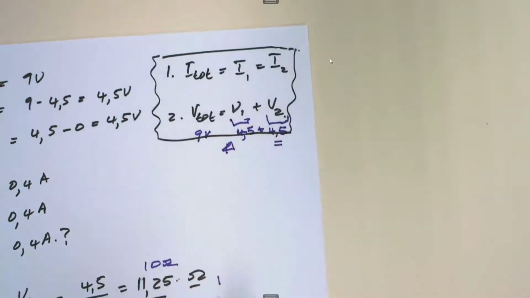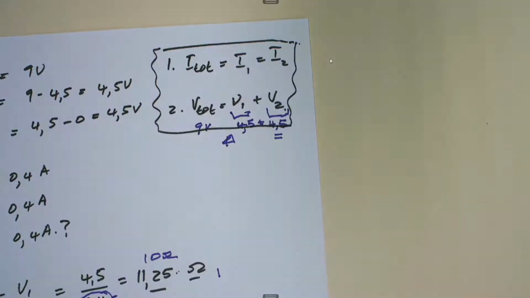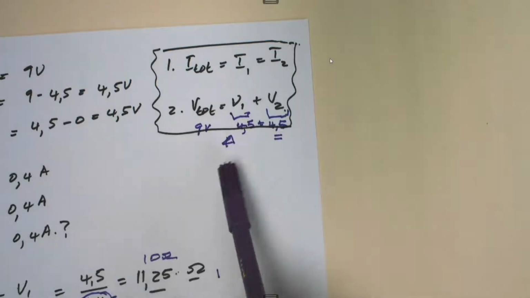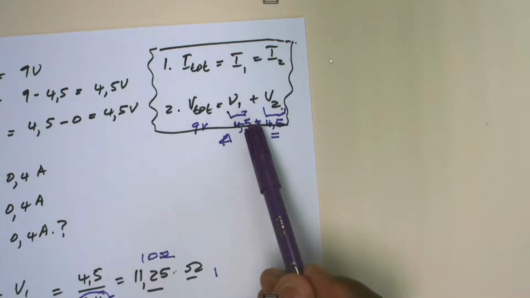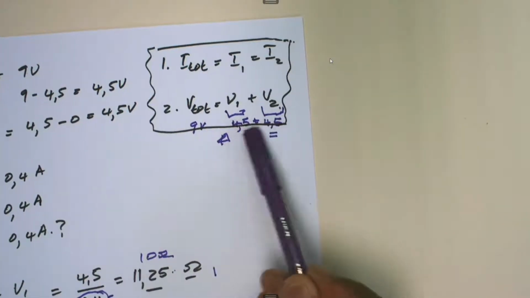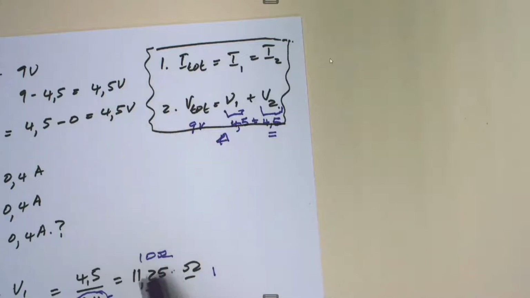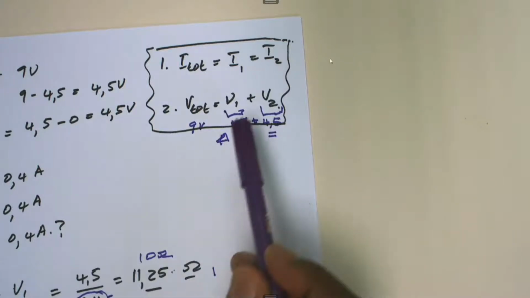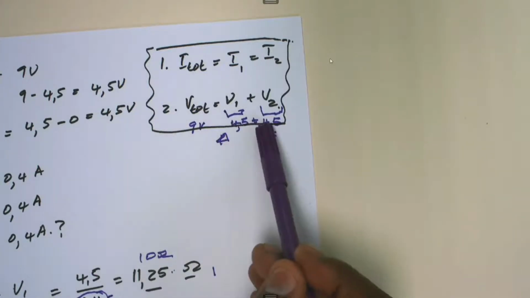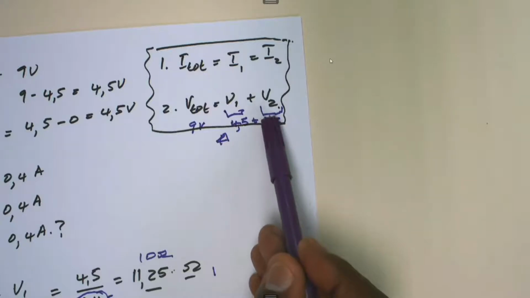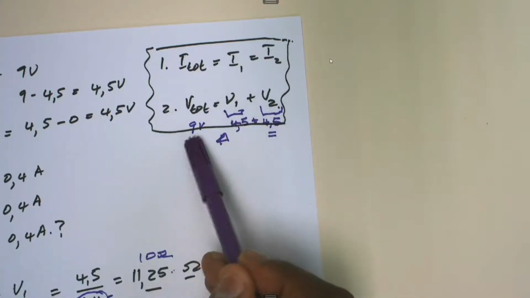But it should be noted here that in this case, our resistors are each 10 ohm. So the voltage across each one of the resistors will be the same. However, if we had resistors of different values, then the voltages here would not be the same. However, their sum will still add up to the total voltage.